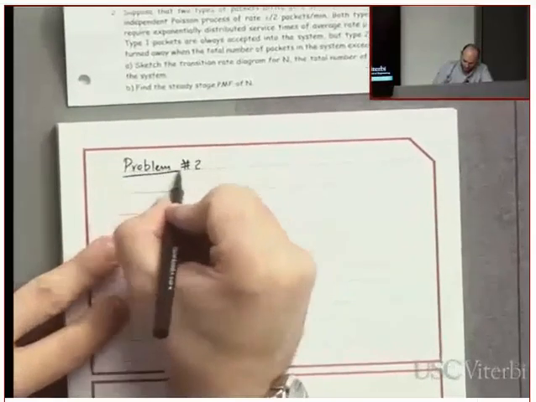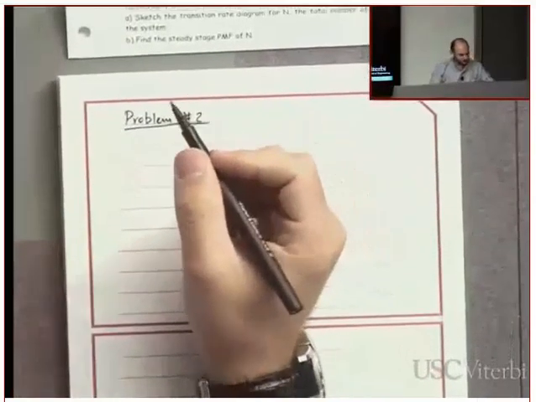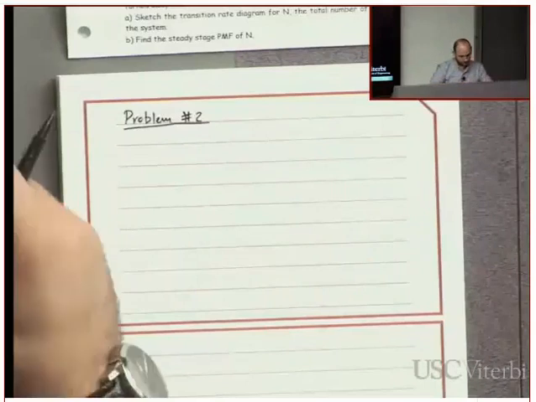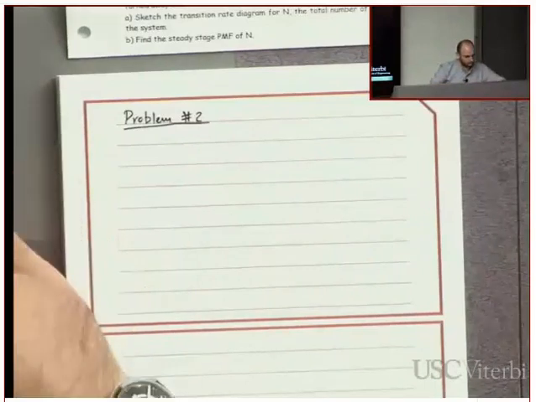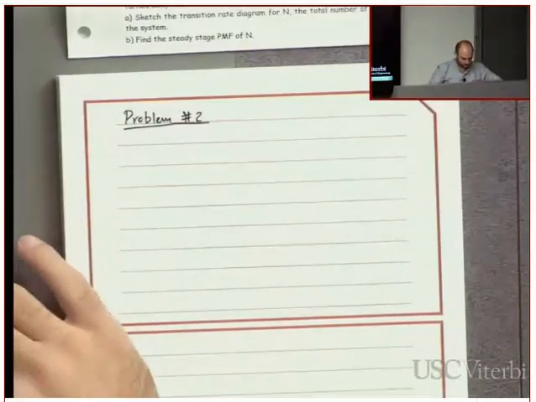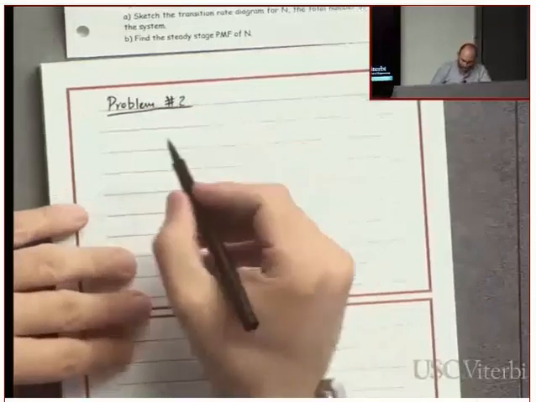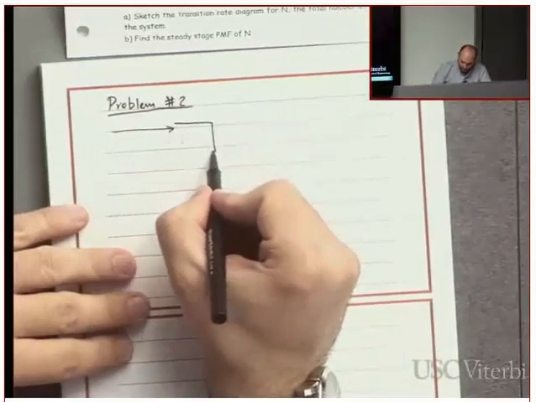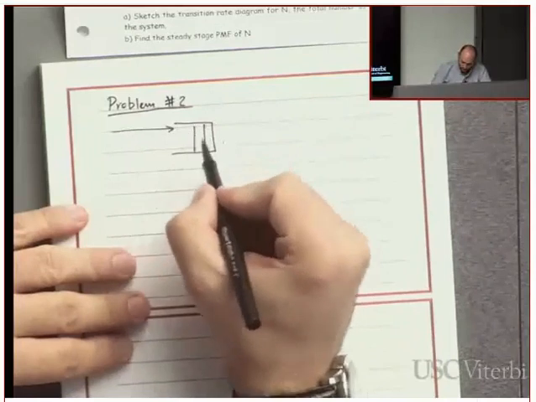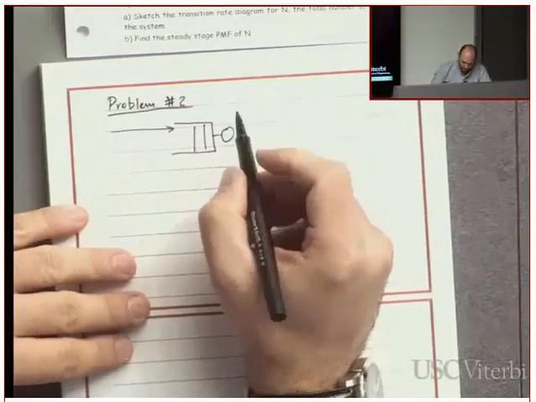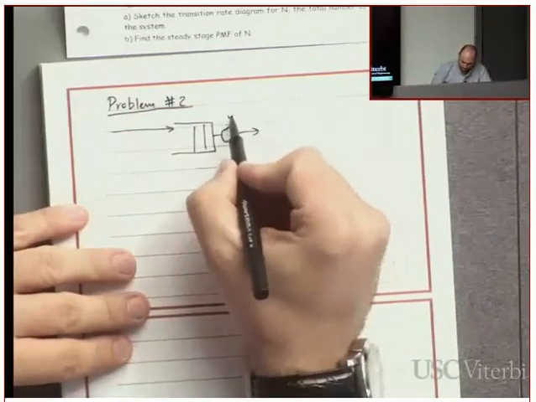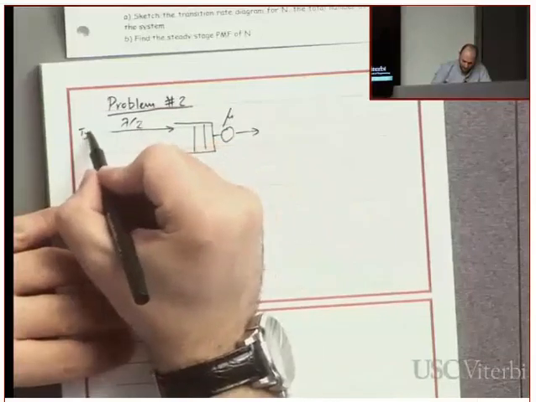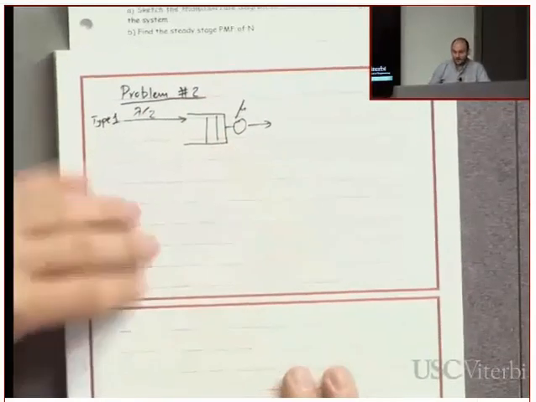Problem number 2. I'm going to just draw a diagram. We represent a queuing system usually like this. This is the service rate, this is the arrival rate, lambda over 2, this is type 1.